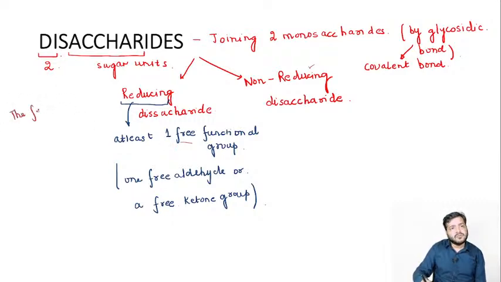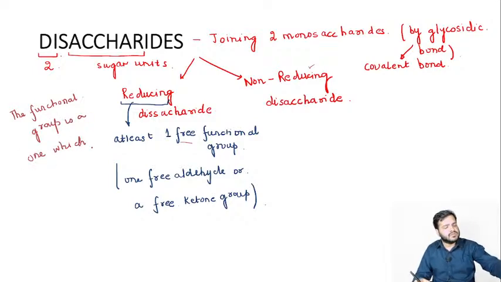The free functional group is the one which makes it reducing.